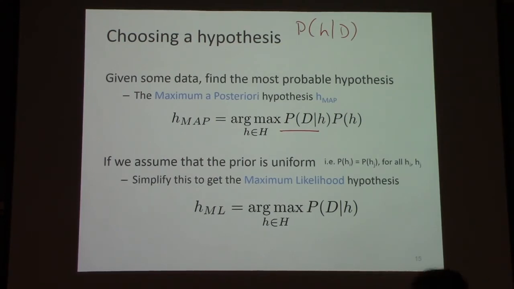Then the probability of H disappears in this expression, because it becomes a constant. If you assume that the prior distribution is a constant, then you can simplify this process by saying the classifier that is produced is simply the one that maximizes the likelihood.